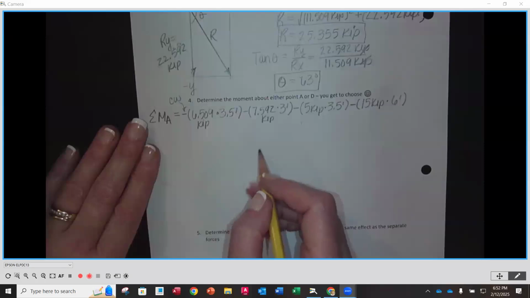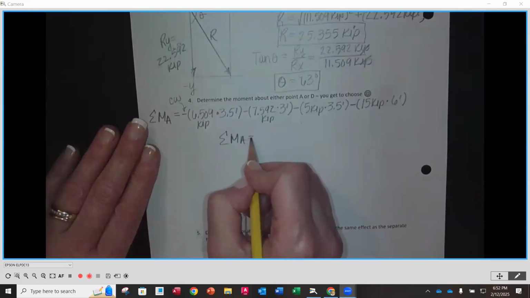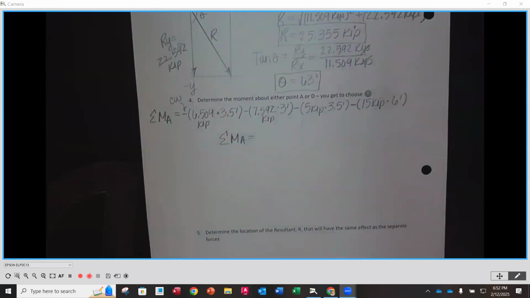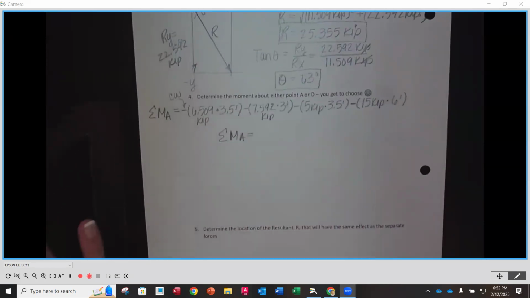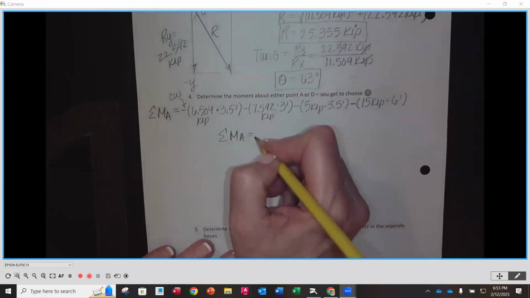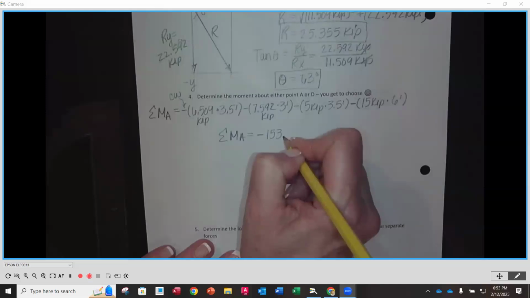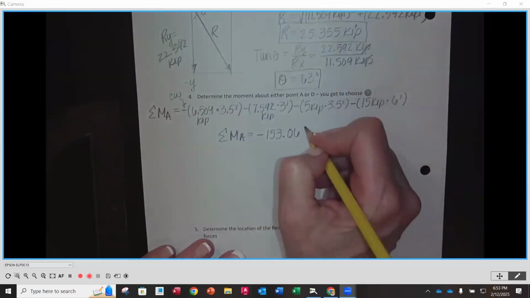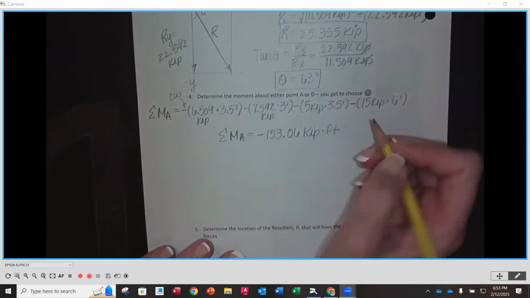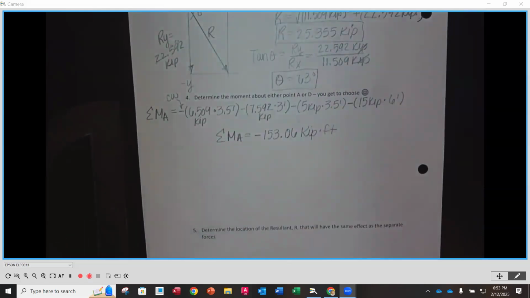So now you're going to get your value of your moment. Okay, so go ahead and multiply those out and add and subtract. I'll do it here too. One more time.